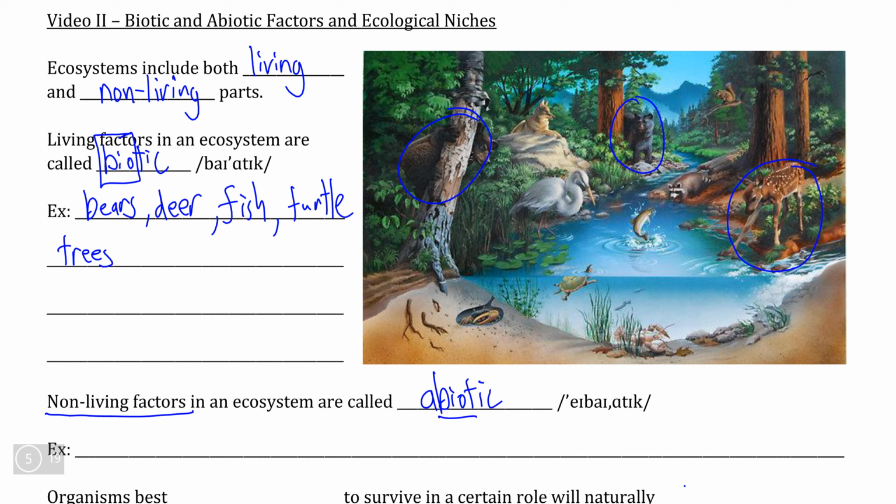Again, bio is the prefix that means living, and a here is a negative prefix, so this means that we're looking at non-living factors. Now, we can see most of the animals in this ecosystem are all clustered around this little stream and pond, so we can say that water is a very important abiotic factor in this ecosystem here.